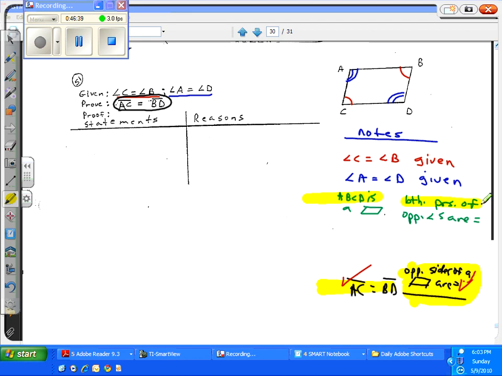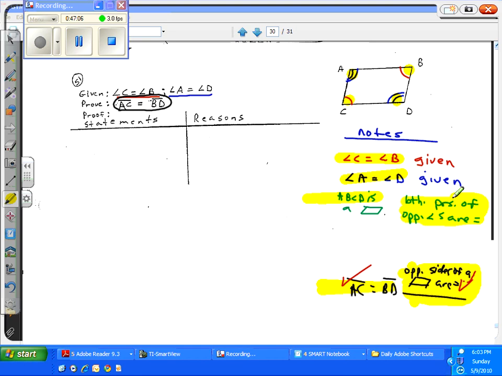And so we need to see what statements it takes to justify that reason and if they exist. If not, we need more information. It says both pairs of opposite angles are equal. Do we have both pairs of opposite angles are equal? C and B, yes. A and D, yes.